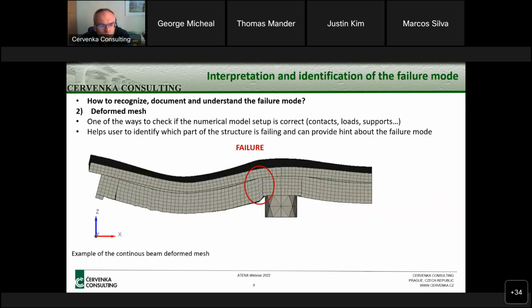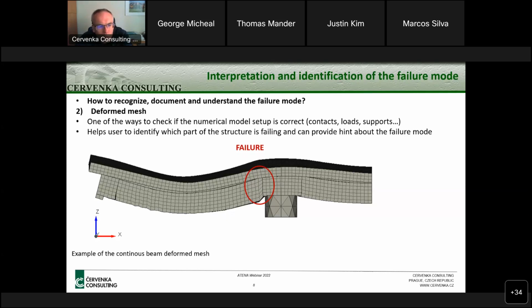One good thing that I recommend always, any time you start calculating, is to look first at the deformed shape. This has nothing to do with the failure mode actually. I would always recommend that immediately after you have a few steps calculated in ATENA, always plot the deformed shape and maybe scale up the deformations so that you clearly see how the structure behaves and whether it makes sense.